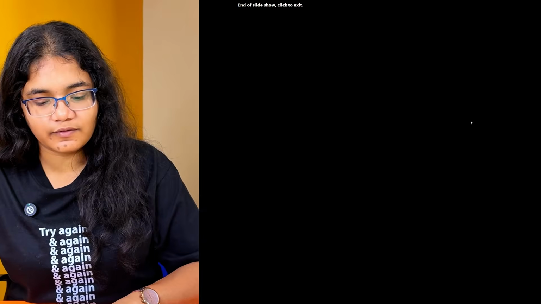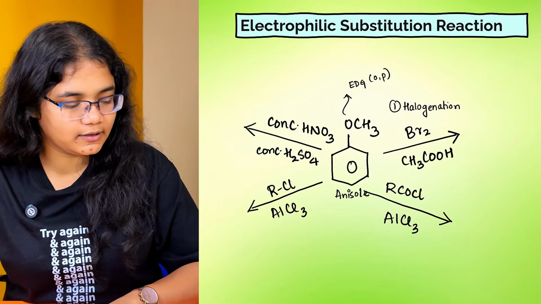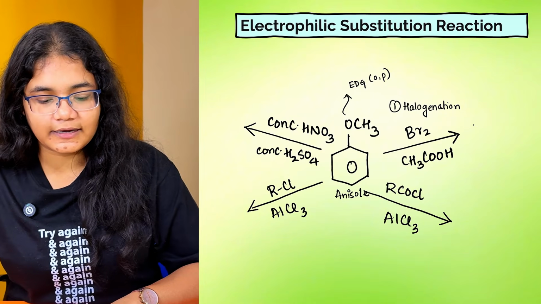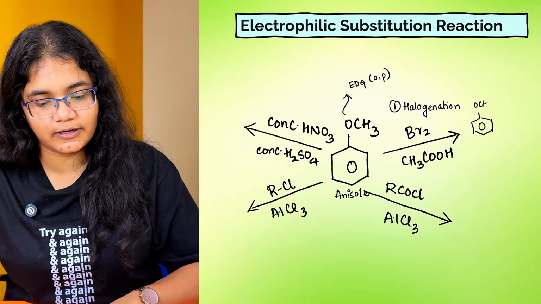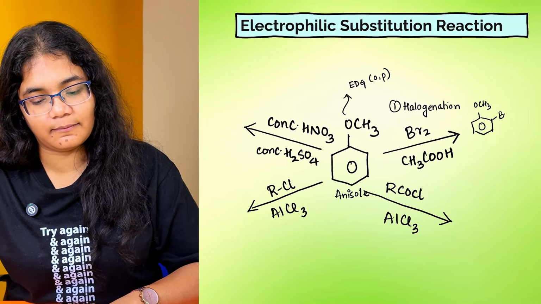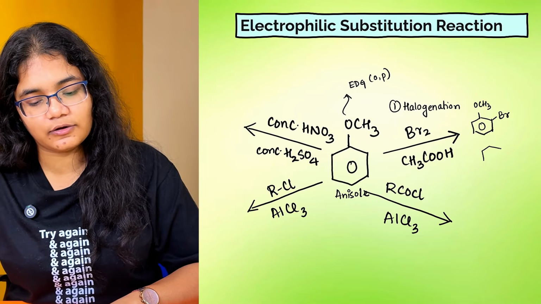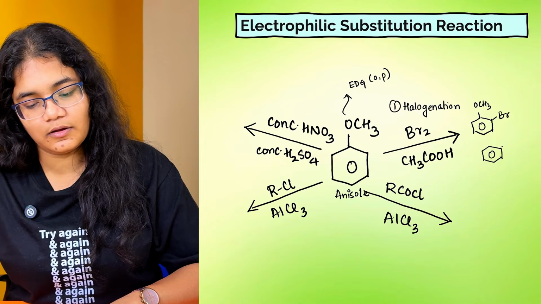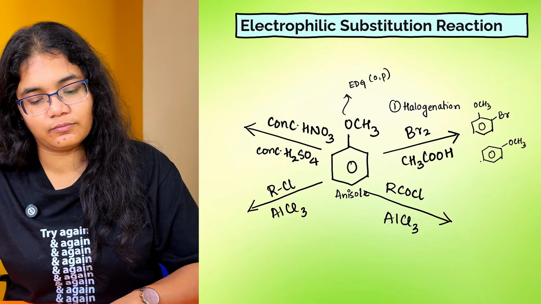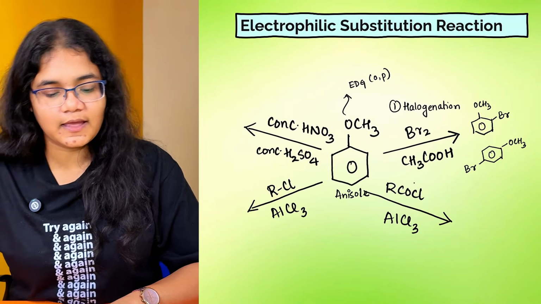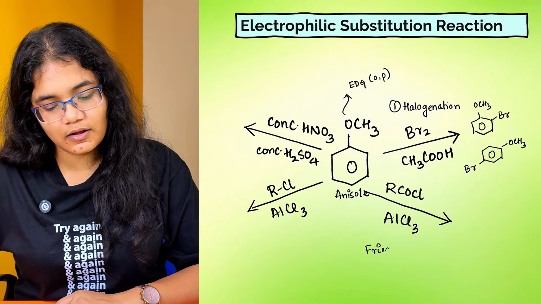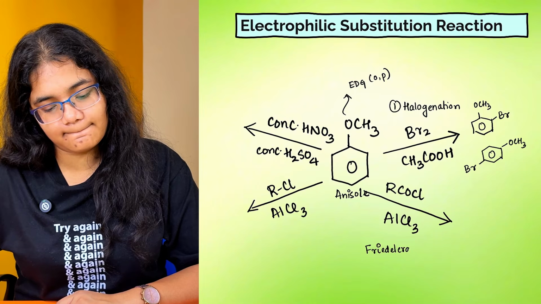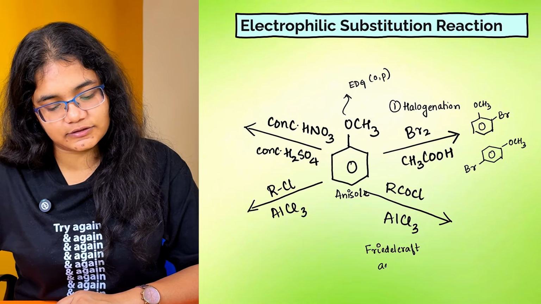Yeah, here I'll get the product like this, where I will have OCH3 and you have bromine in the ortho position, and you have OCH3 and you have bromine in the para position. Next, RCOCl, this is your Friedel-Crafts acylation.